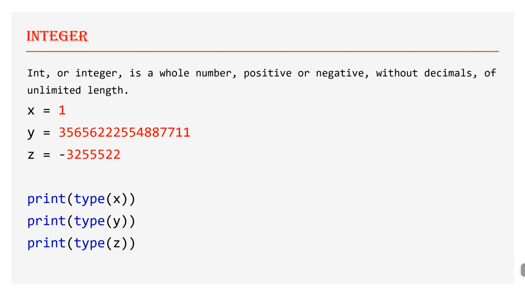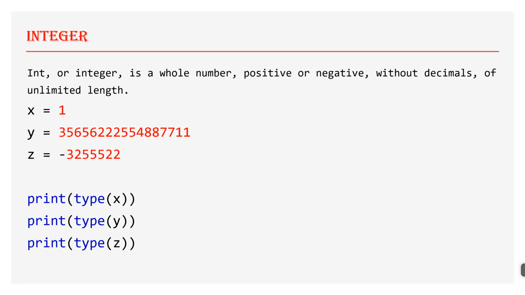Now, when it comes to integer, just look at the examples here. X is equal to 1, y is equal to 35656222554887711. So in Python, an integer can have an unlimited length. There is no limit for the length.